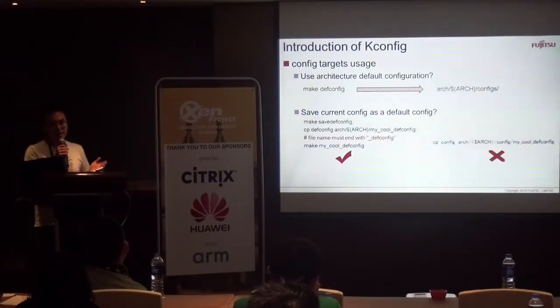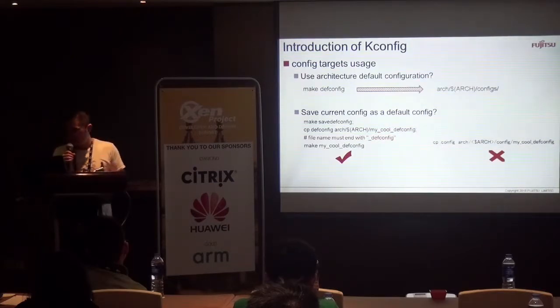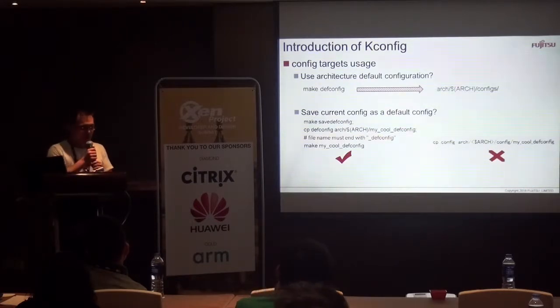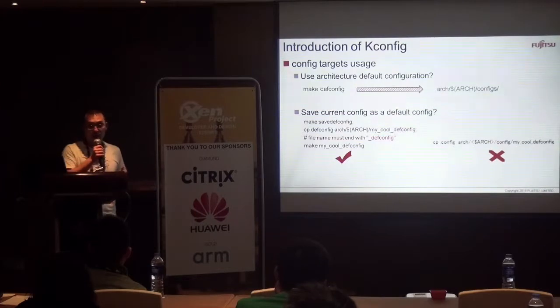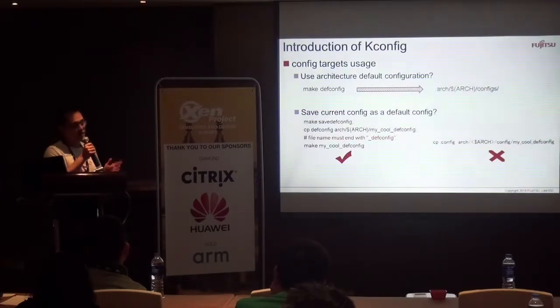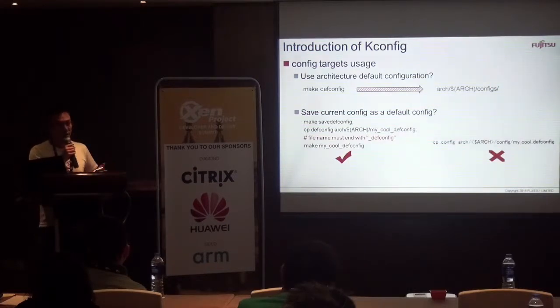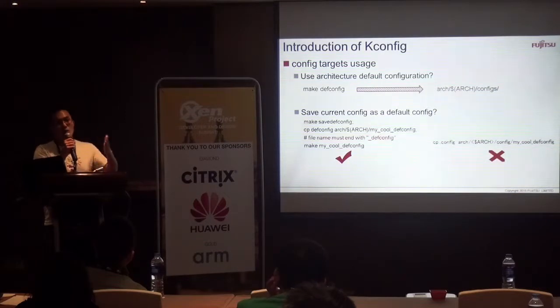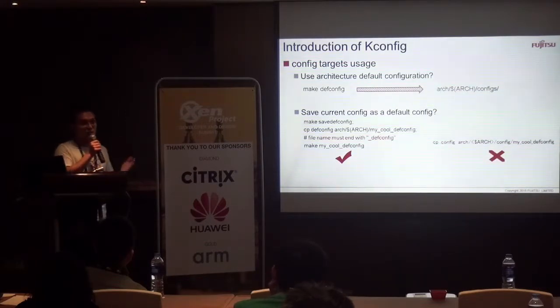All configuration items have a default value. This default config file just records the items which have a value different from the default. So in contrast to the .config file, the generated defconfig file will be quite short, because the .config file has all the configuration items as its content.